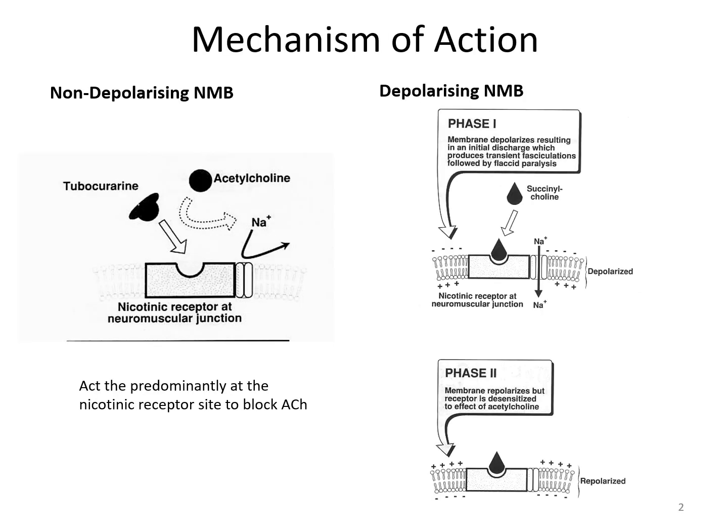When we talk about the mechanism of action between non-depolarizing NMB and depolarizing NMB drugs, for non-depolarizing, in small clinical doses, they act predominantly at the nicotinic receptor site to block acetylcholine, and at a higher dose, they can block pre-junctional sodium channels, thereby decreasing acetylcholine release.